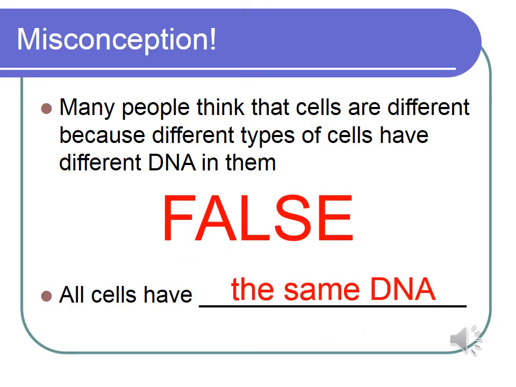Okay, now it's time to clarify misconceptions. Many people think that cells are different because different types of cells have different DNA in them. And I'm here to tell you that that is completely false. The fact of the matter is that you are created from the fusion of one sperm cell and one egg cell, and each of those carries 23 chromosomes. When they fuse together, they make a fertilized egg that has 46 chromosomes.